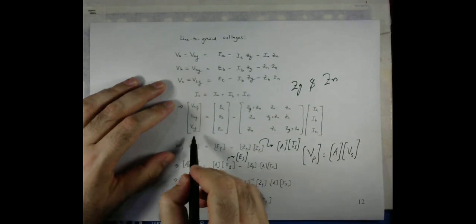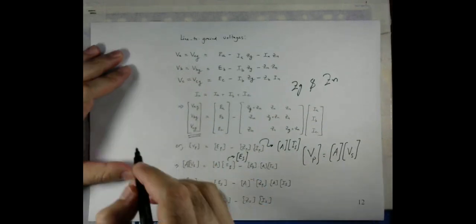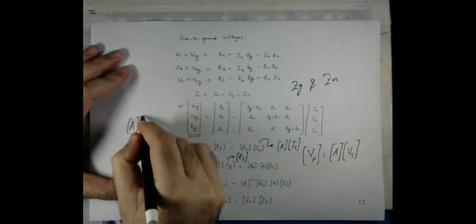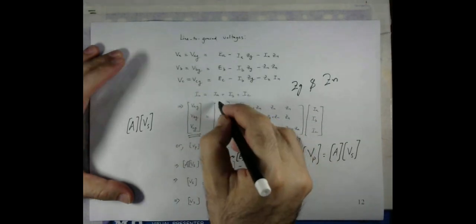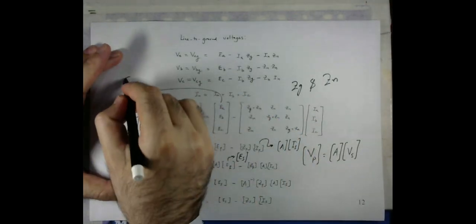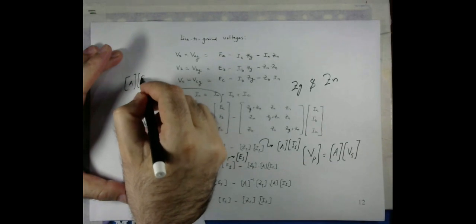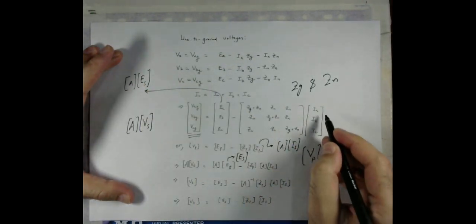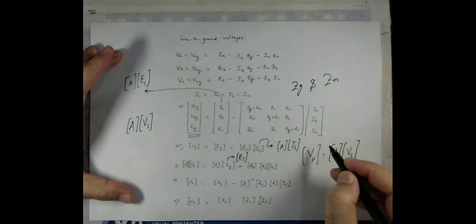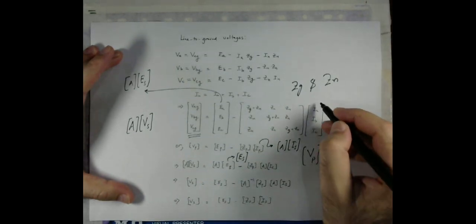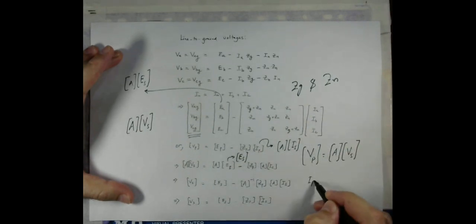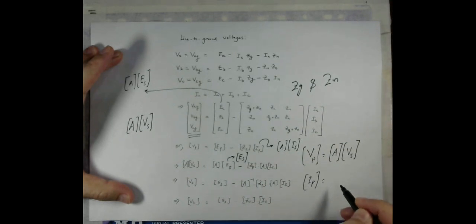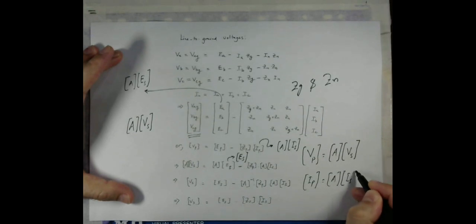So now this matrix has been written as A Vs, and this matrix has been written as A Es, and also the phase currents can be written as A Is. We have already discussed it.